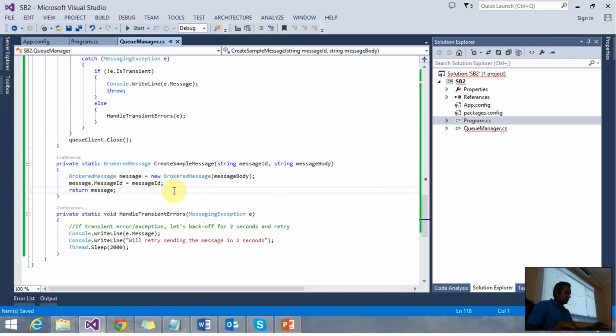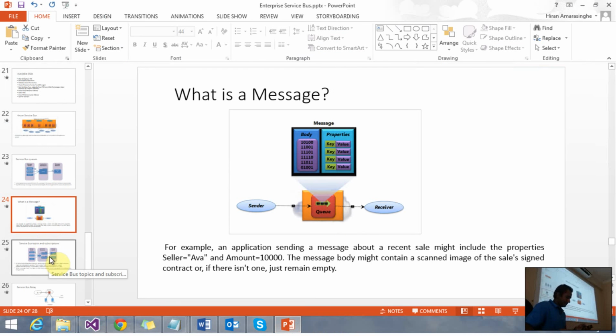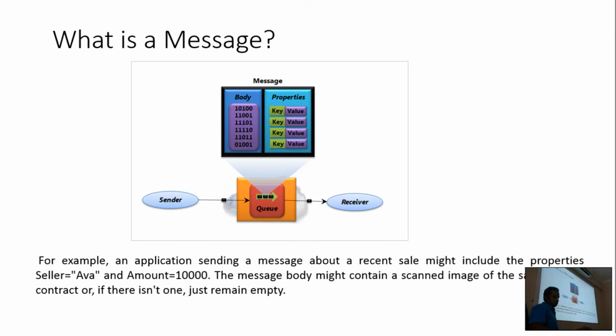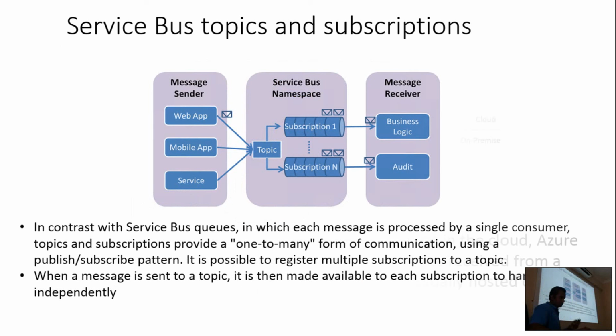Right, now let's move to the next topic. So we discussed up to queues. Now let's go to the last topic, topics and subscriptions. It is also not a very complicated pattern.